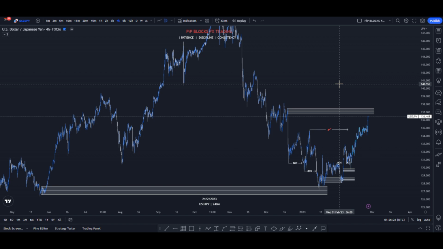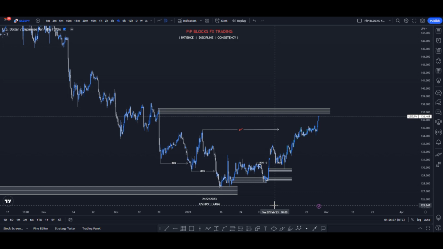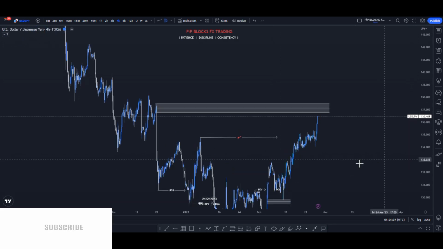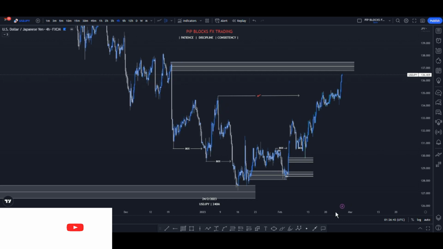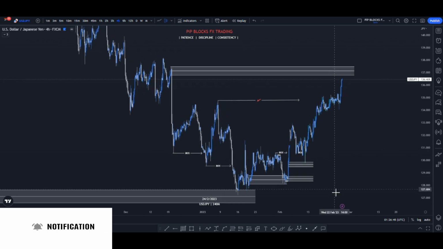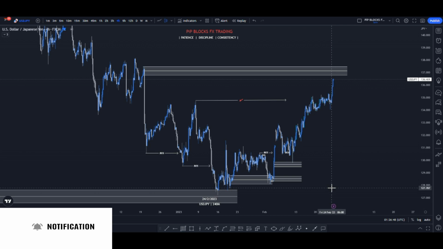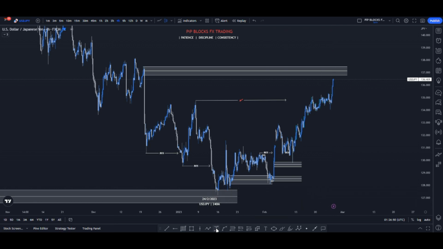Okay. So as I said, I'm going to show the way I do my top-down analysis. So this is a top-down analysis I did on USDJPY. I posted this in my free Telegram channel, and I think it gave us about 660-something pips.